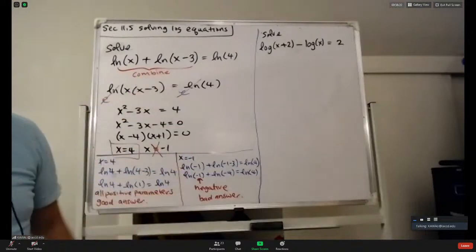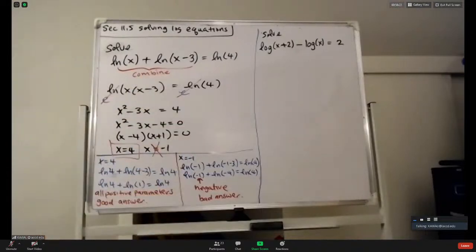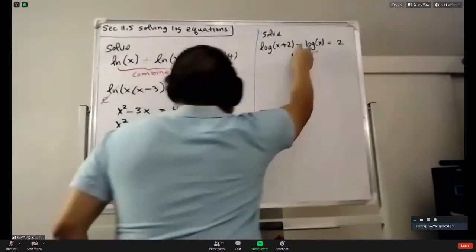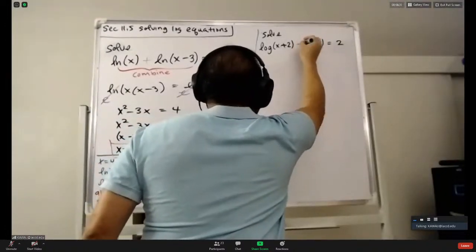So while you copy that, you just copy the next problem. And I want you to see the difference between these two problems is that's a plus and that's a minus.